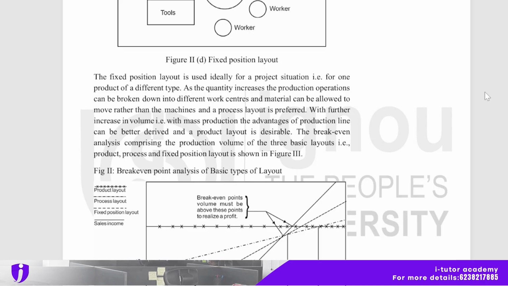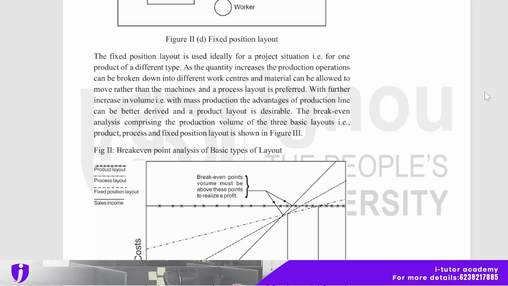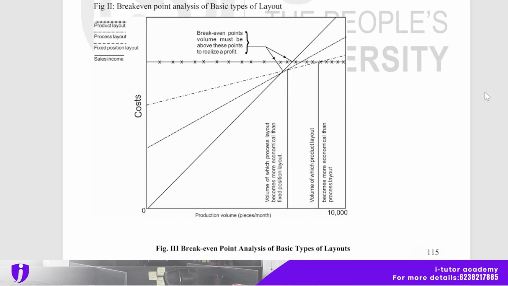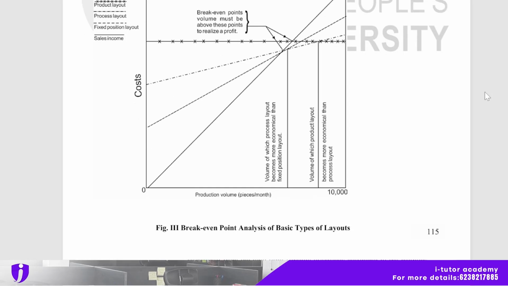With further increase in volume, with mass production, the advantage of the production line can be better derived and a product layout is desirable. The break-even analysis comparing the production volume of the three basic layouts, that is product, process and fixed position layout, is shown in figure 3. This is figure 3, break-even point analysis of basic types of layouts.